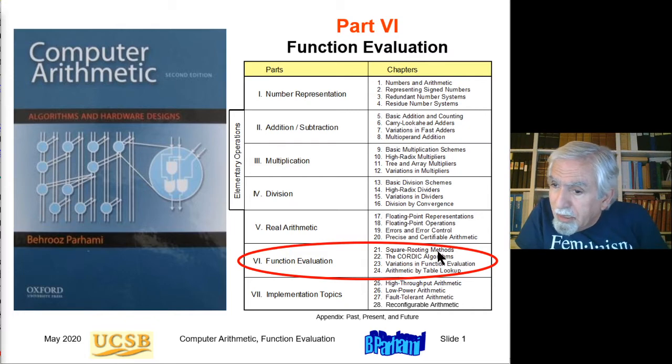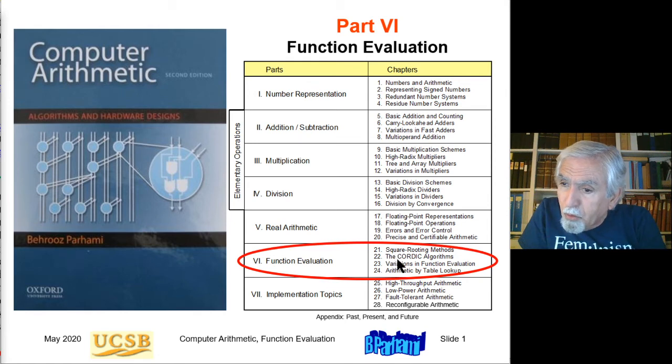Square rooting methods, chapter 21, is the subject of this lecture. Quadratic algorithms is the subject of the next lecture, which is the last one for the course this quarter.